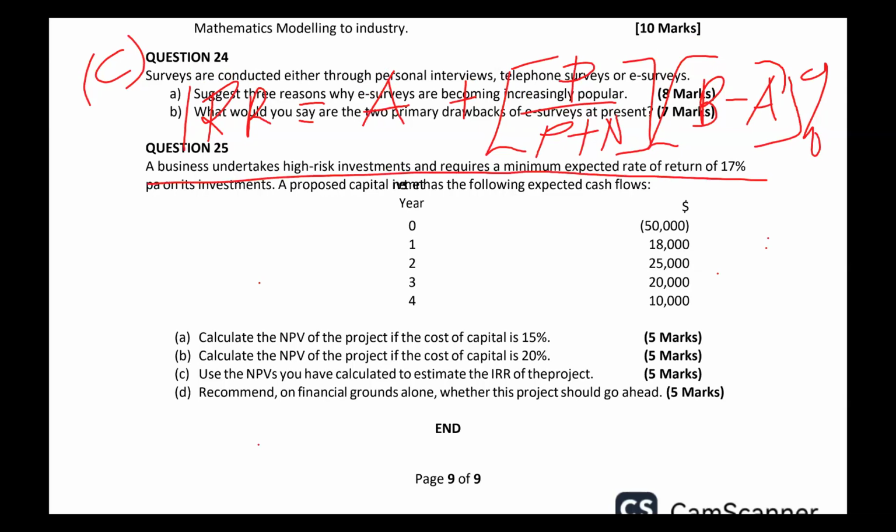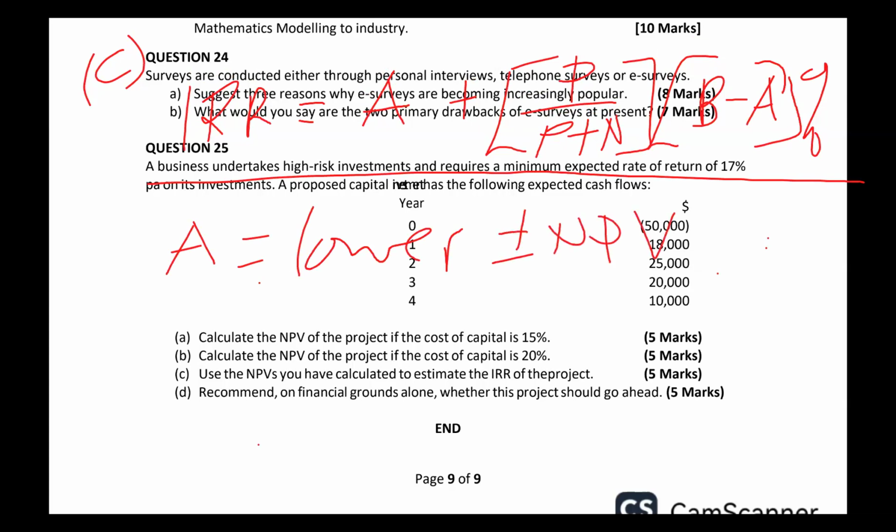All right, let's go. So what is our A, the capital A? Let's start defining. Our A is the lower rate, the lower rate that gives you a positive NPV. Then B is the higher rate, the higher rate that gives you a negative NPV.